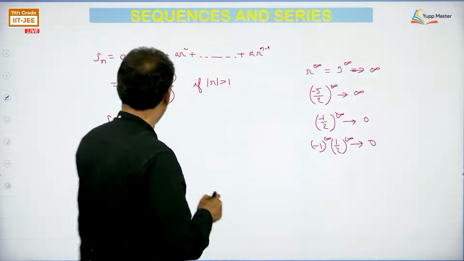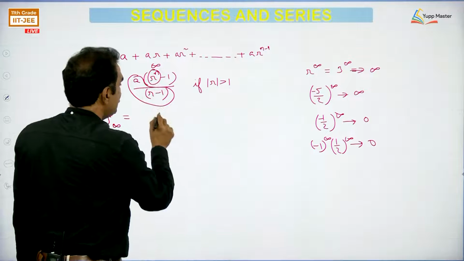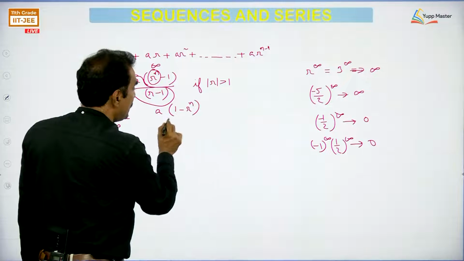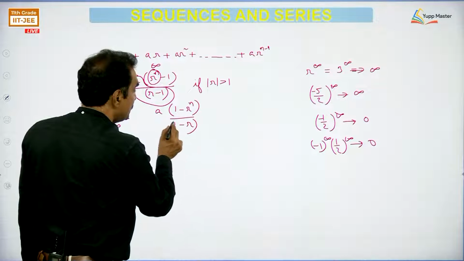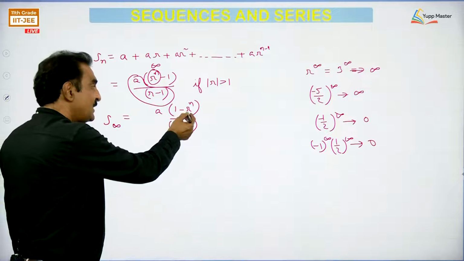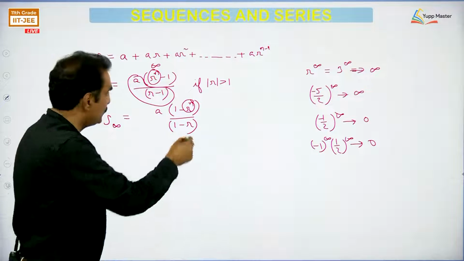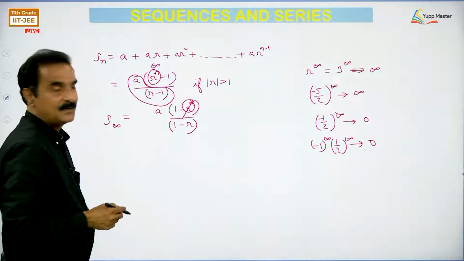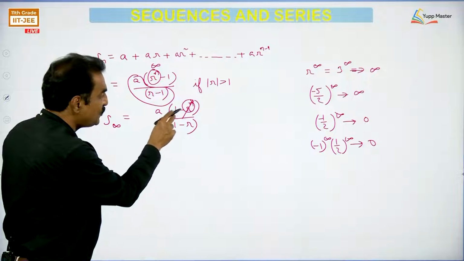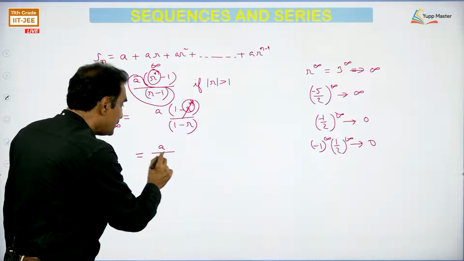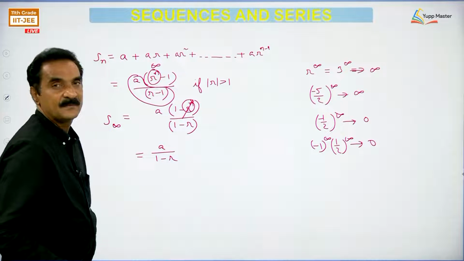When mod r is less than 1, we write the same formula as a into 1 minus r power n upon 1 minus r. And when mod r is less than 1, this r power n, which is r power infinity, tends to 0. Then what is the remaining? A into 1 minus 0 by 1 minus r, it will be a by 1 minus r.